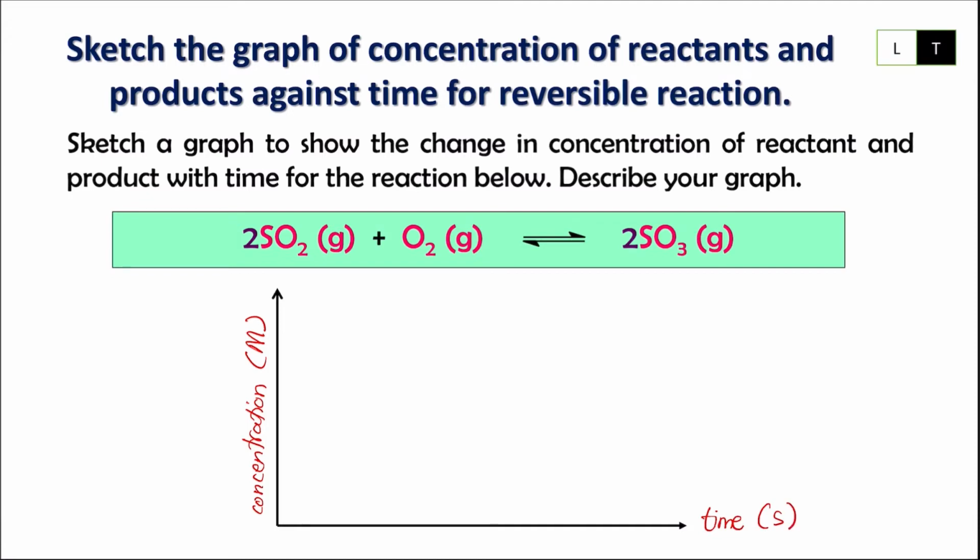After that, jangan lupa give the title for your graph. So this is graph of concentration versus time. So this is how you write the title. And after that, daripada equation, saya boleh nampak ada koefisien 2 di hadapan SO2 dan 1 di hadapan O2.